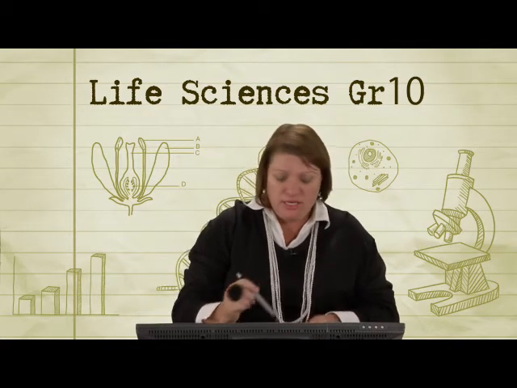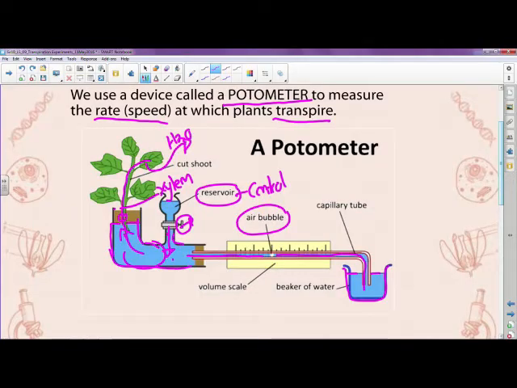Now, what are these things over here? It's called a volume scale or a calibration, or even a simple thing called a ruler. When I set up my experiment, I'm going to blow a little air bubble into the tube. An air bubble is something that I can see.